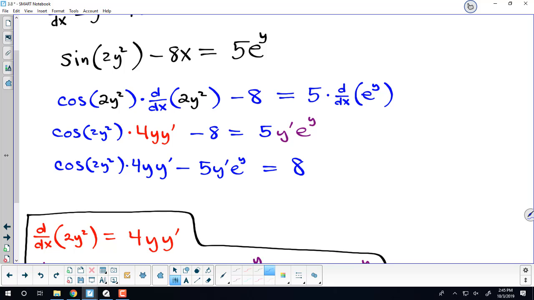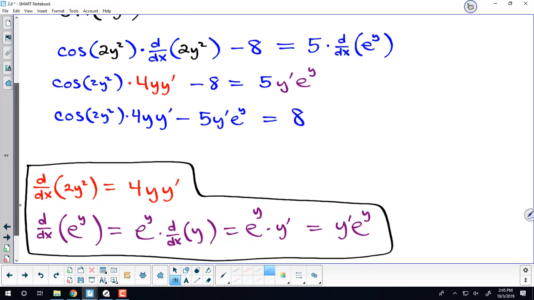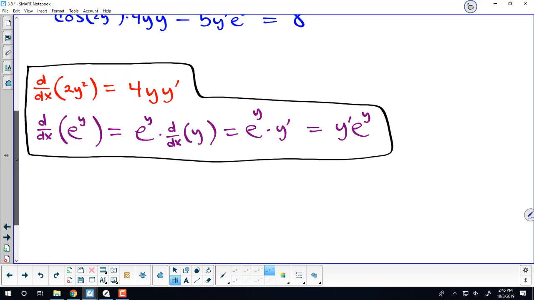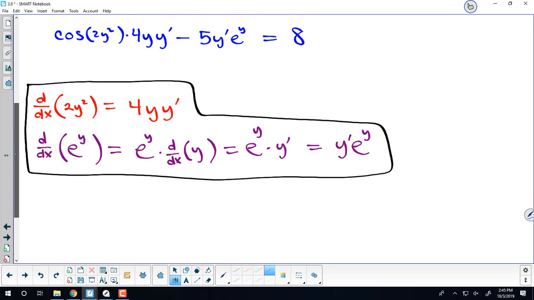So we'll just put the primes on the left and move the 8 over. Then, since both terms have a y prime, we just factor that out.